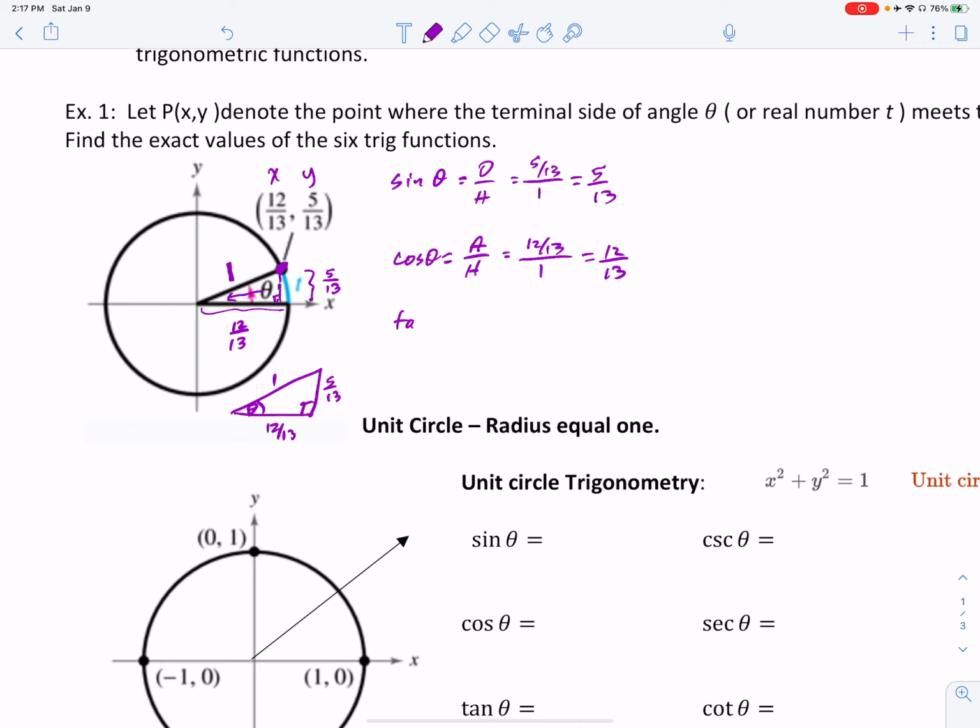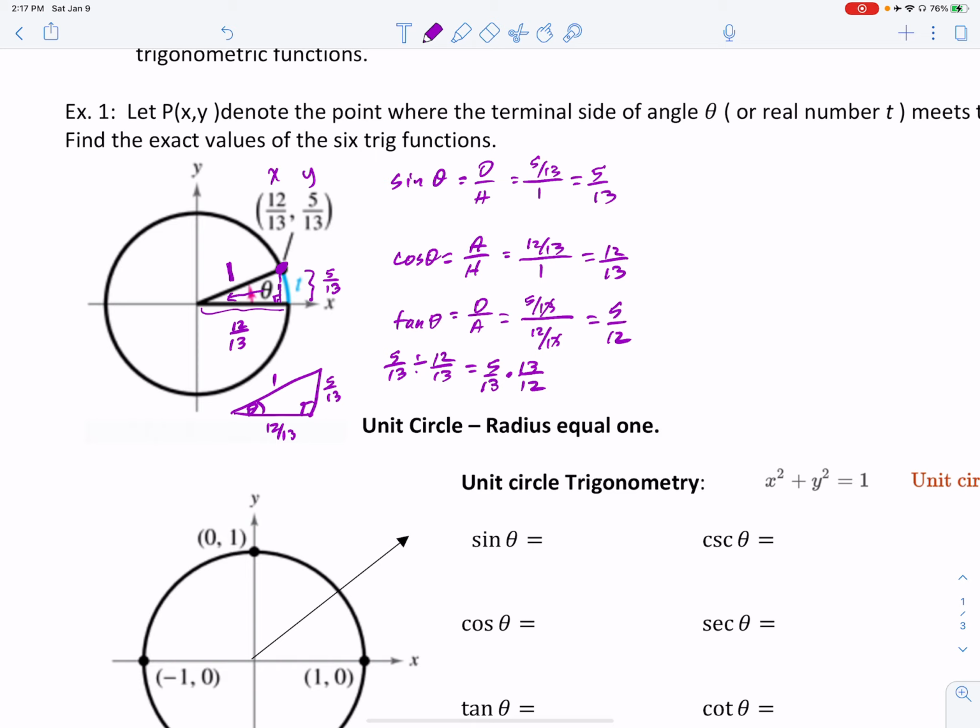And then for the tangent of theta, it is opposite over adjacent. For that angle, the opposite leg is 5/13, and the adjacent leg is 12/13. The 13s will end up canceling, and it simplifies to 5/12. How does that work? Well, 5/13 divided by 12/13 is 5/13 times the reciprocal.